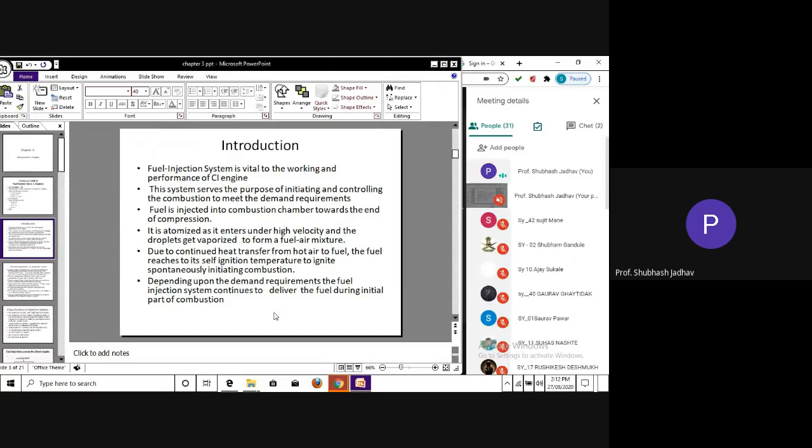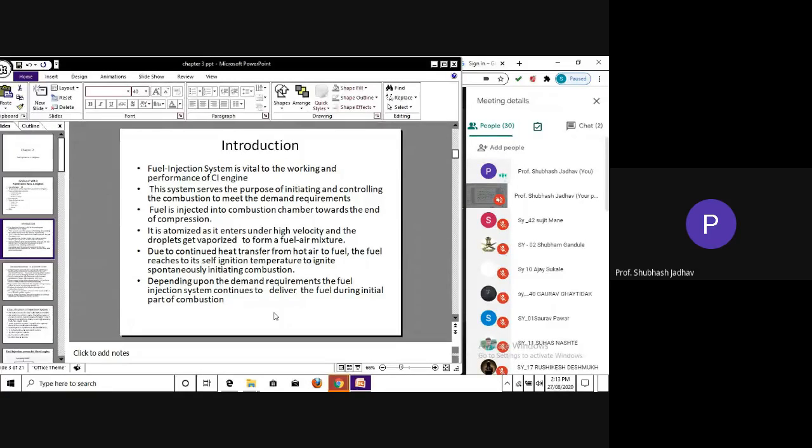When we have a higher power requirement, we will be injecting more fuel into the engine combustion chamber, and correspondingly the mixture becomes rich. And when the mixture becomes rich and we burn it, we will be able to produce more power. That is how the higher power requirement of the engine is met in the case of CI engines, and therefore we say CI engines are quality governed engines.